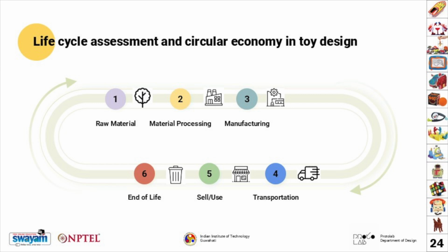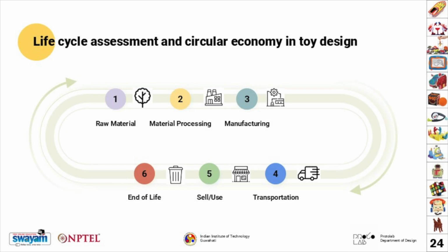Stage 1, raw material stage. This is the starting point of the toy's life cycle assessment, which includes extraction of natural or synthetic resources and selection of renewable, recyclable, or biodegradable materials, etc. Sustainable design decisions at this stage significantly reduce environmental impact by lowering resource depletion and carbon emissions.